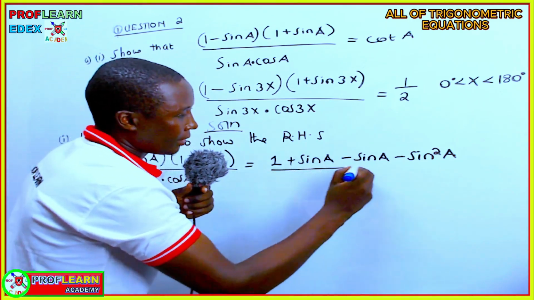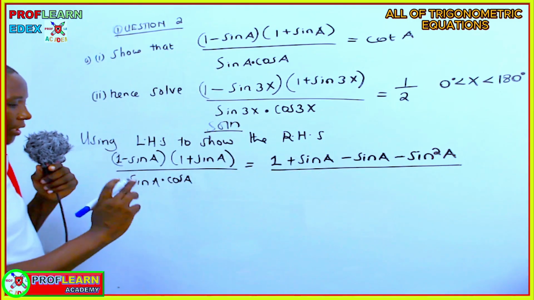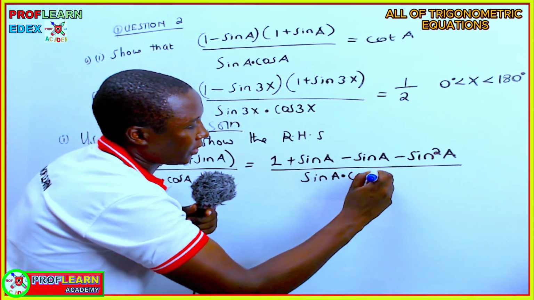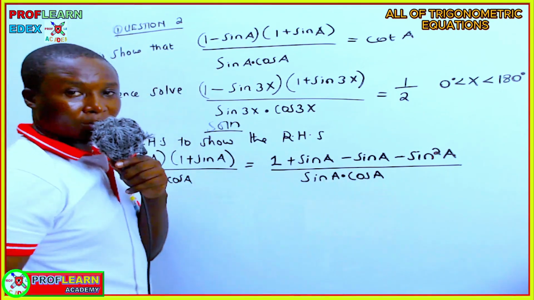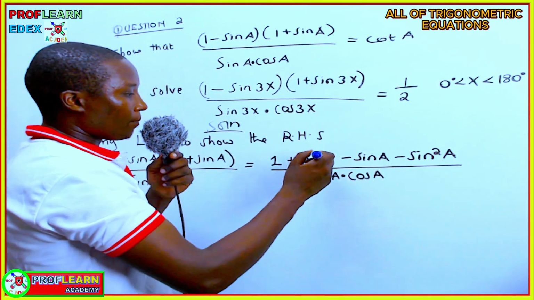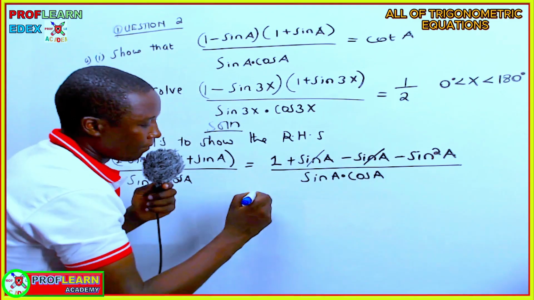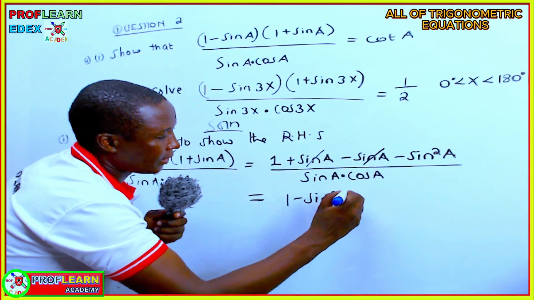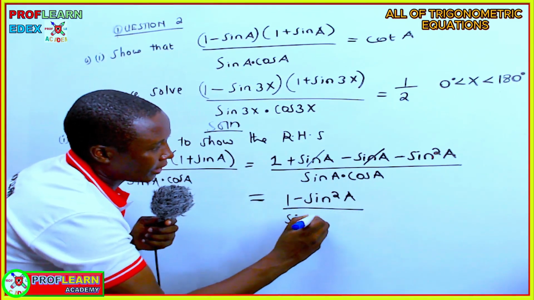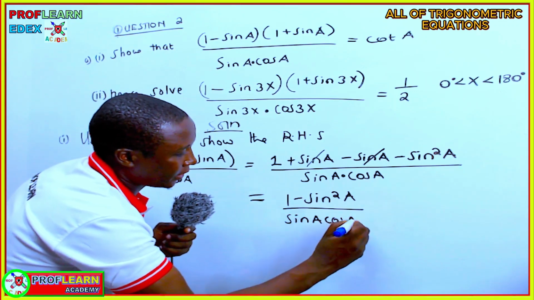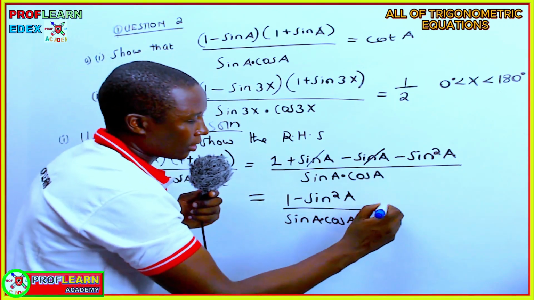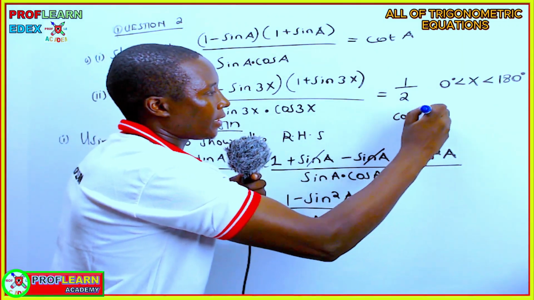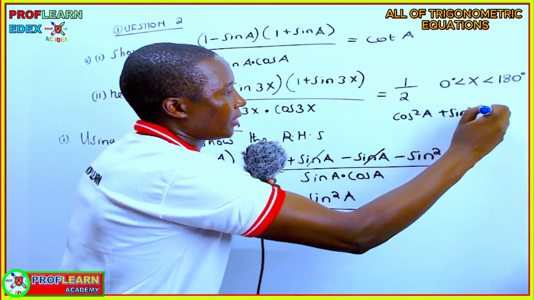Then below here we are going to have sine A cos A the way it was given, meaning these two are multiplied. So this part and this part will cancel out, and we end up having 1 minus sine squared A over sine A cos A. Remember cos squared A plus sine squared A equals 1.